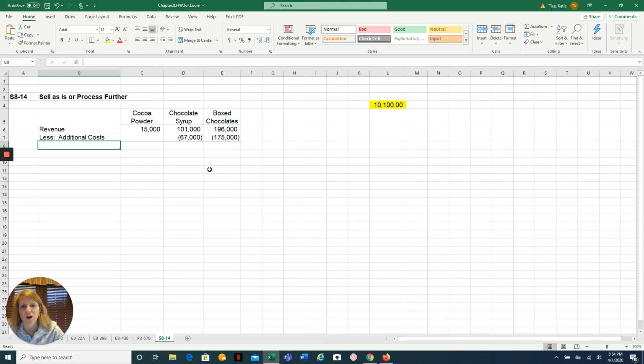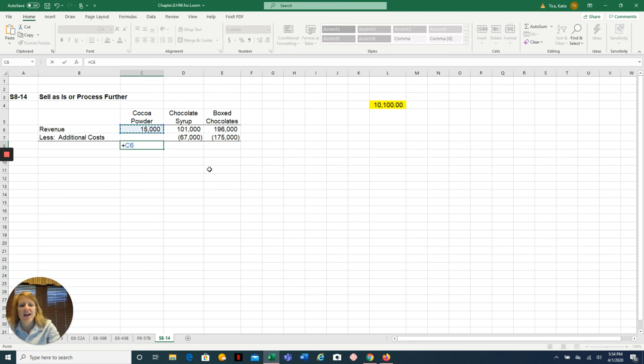The president is wrong. He is very wrong in this case. We want to look at the excess of the revenues over additional costs. With the cocoa powder, we're netting that $15,000. For chocolate syrup, we would be netting $34,000.